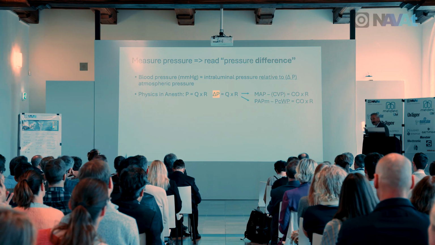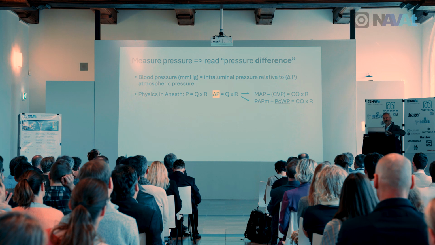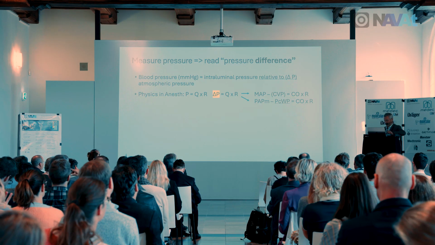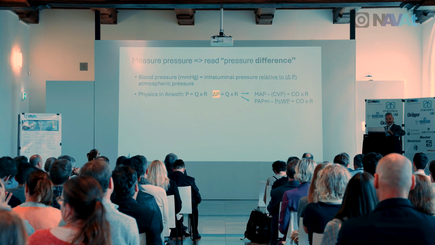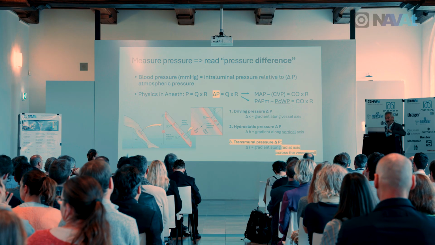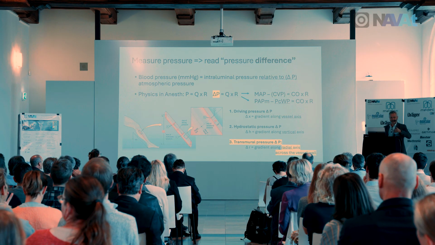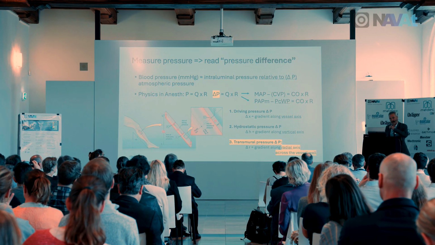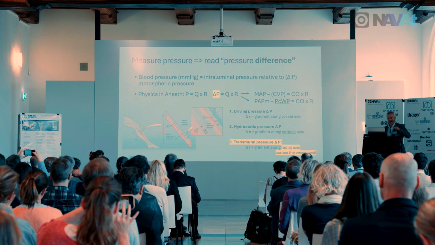Small mistakes in wedge pressure measurement can lead to very wrong conclusions when we calculate pulmonary vascular resistance and its reaction to drugs, for example. There it becomes relevant that we measure the two pressures. What I use now as an example is driving pressure, the pressure that acts upon blood or air along the axis of that tube.